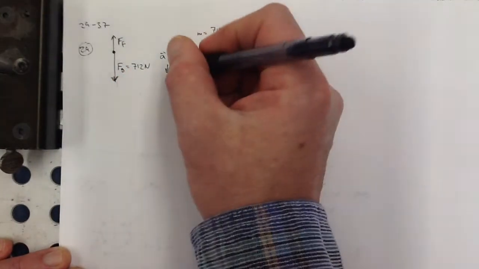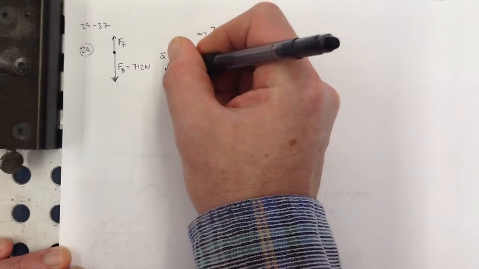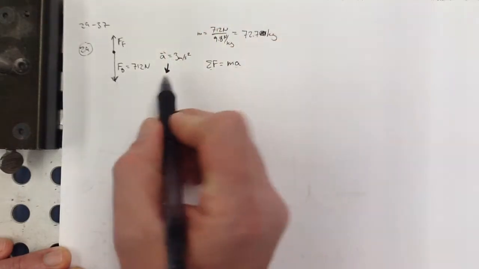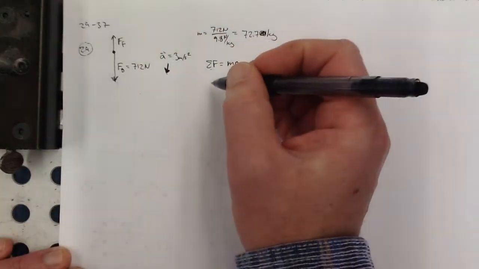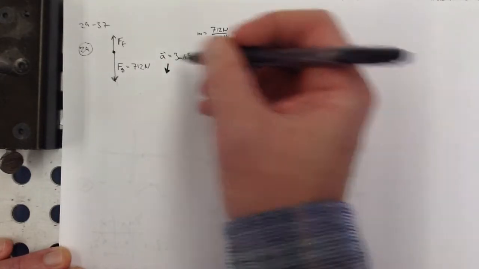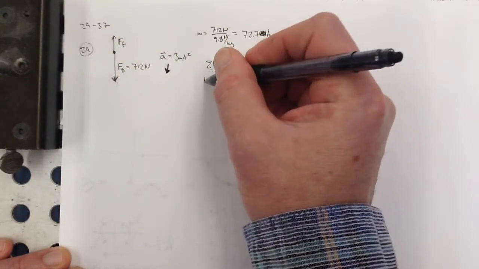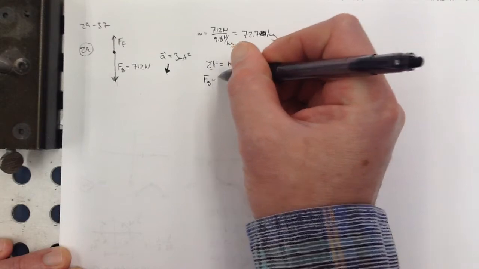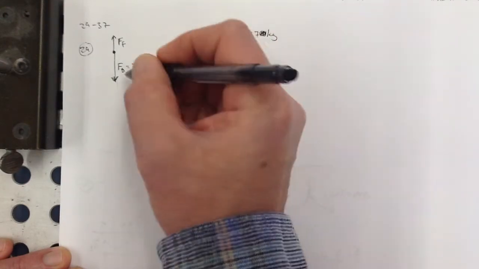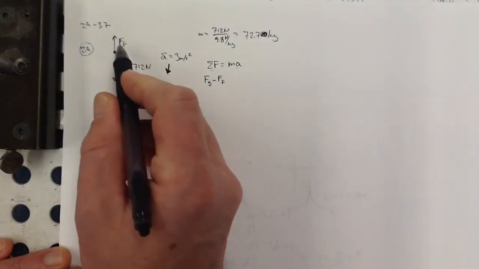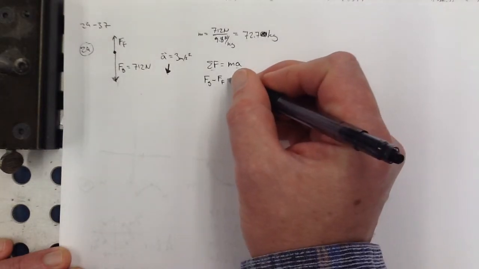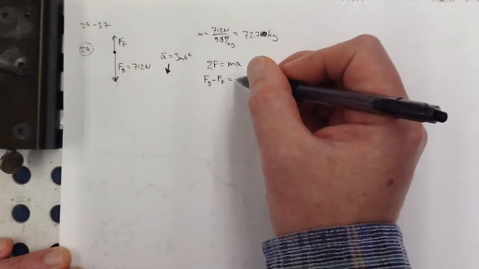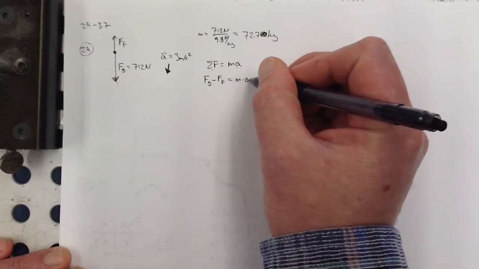How do I know that? Because the acceleration is downward, and the acceleration will always be in the direction of the winning force. So here, winners minus losers: force of gravity minus the force of friction is equal to the mass of the firefighter times acceleration.